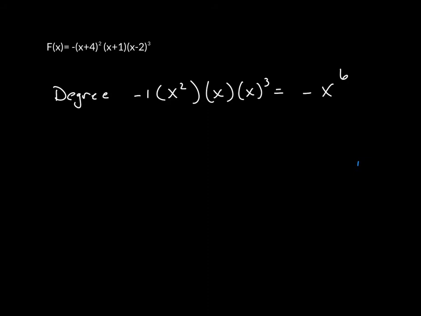So that tells me I have a negative even graph, which means the graph is going to have this rough shape of going down, making its turns. The max number of turns is always going to be 6 minus 1, or in this case, possibly 5 turns.